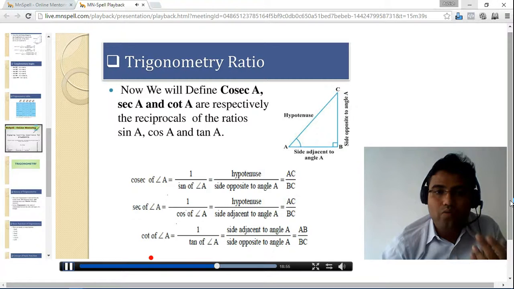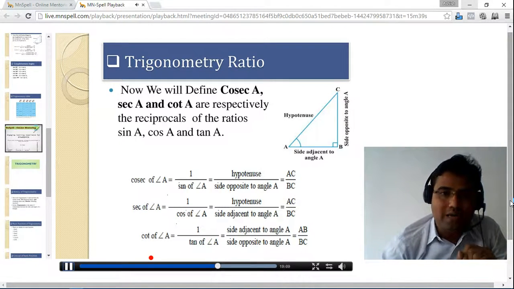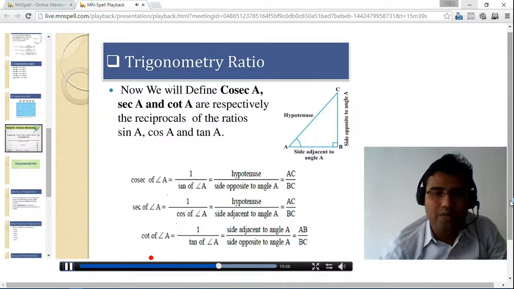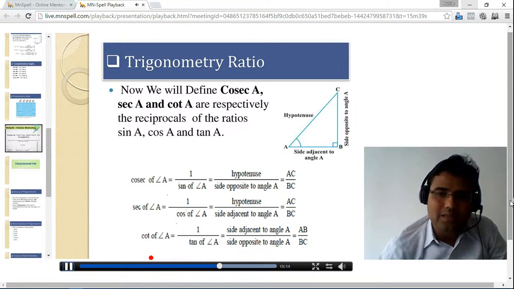Now look at the reciprocal ratios. Cosec A is the reciprocal of sine A, sec A is the reciprocal of cos A, and cot A is the reciprocal of tan A. So whatever the values of sine, cos and tan, their reciprocals give the values of cosec, sec and cot.